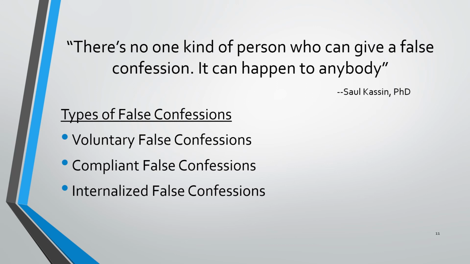Compliant false confessions, the second one, are given to escape a very stressful situation, to avoid punishment, or gain a promised reward. This is typically the main type of confession that results from coercive police interrogations.